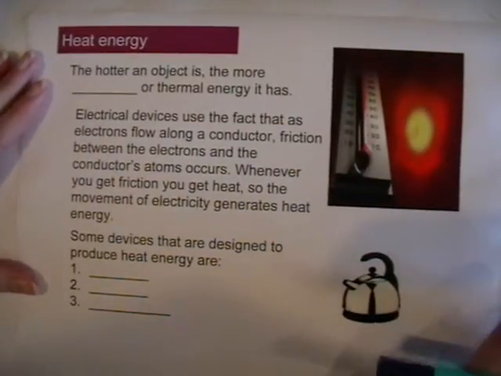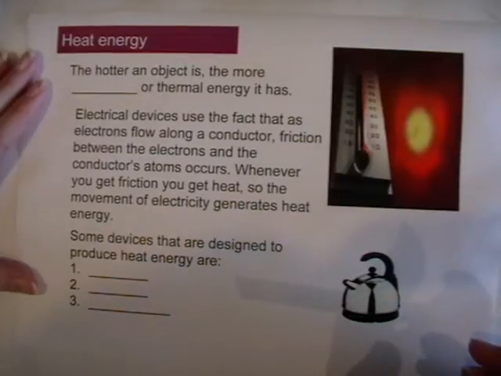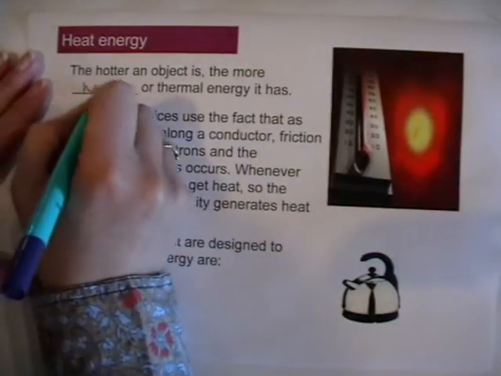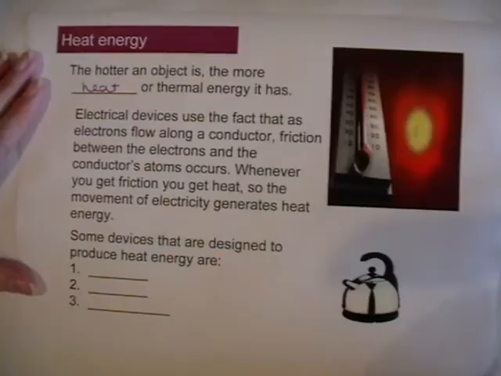Heat energy. The hotter an object is, the more heat or thermal energy it has. We will be learning more about heat energy in the third section of the videocast, but suffice to say that electrical devices use the fact that as electrons flow along a conductor, friction between the electrons and the conductor's atoms occurs.